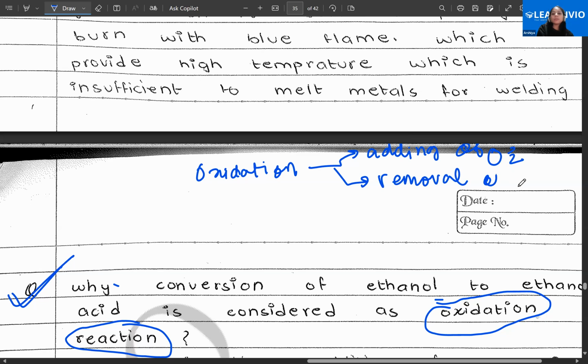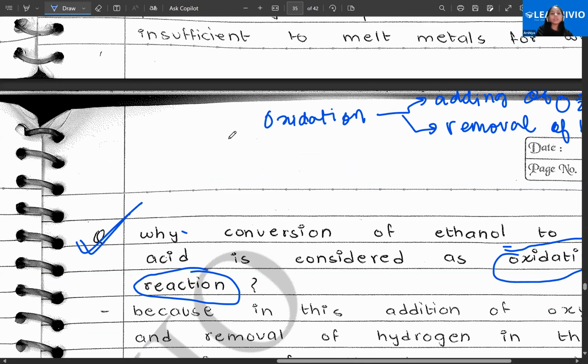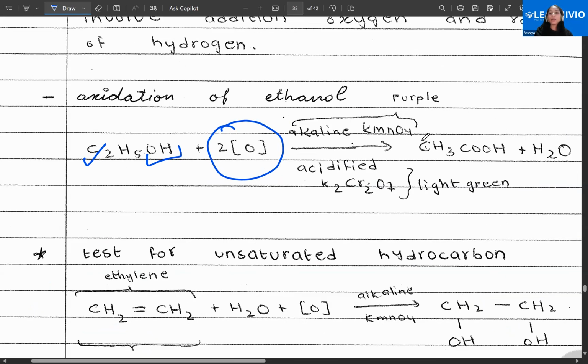Yes. Removal of hydrogen. Now let's take ethanol, two carbons and OH, and we are adding oxygen, or O2 you can say. And as a result, we are getting ethanoic acid, right? Two carbons are there, and double-bonded O and OH are also there.